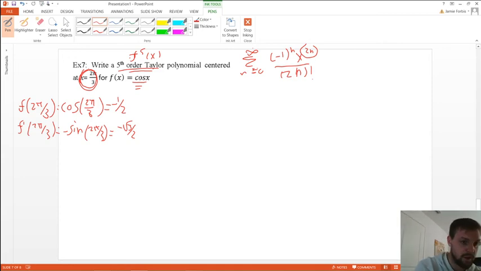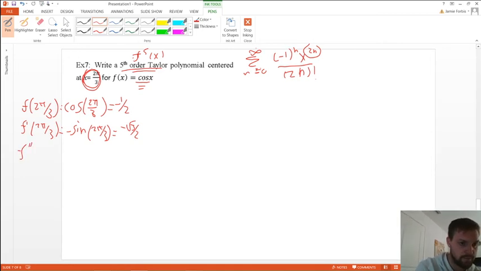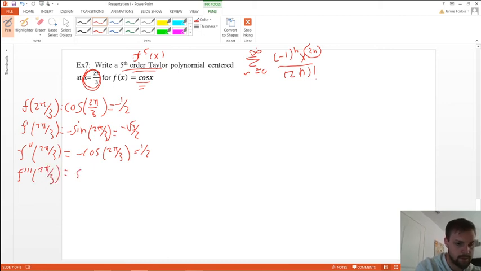-√3 over 2 is the first derivative value. The second derivative value is equal to negative cosine of 2 pi over 3, which is equal to 1/2. Third derivative at 2 pi over 3 is equal to sine of 2 pi over 3, which is equal to positive √3 over 2.